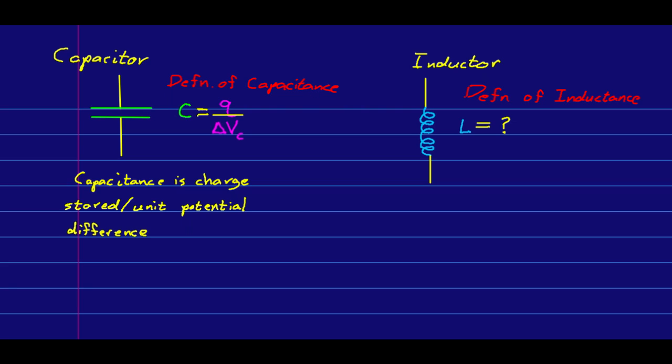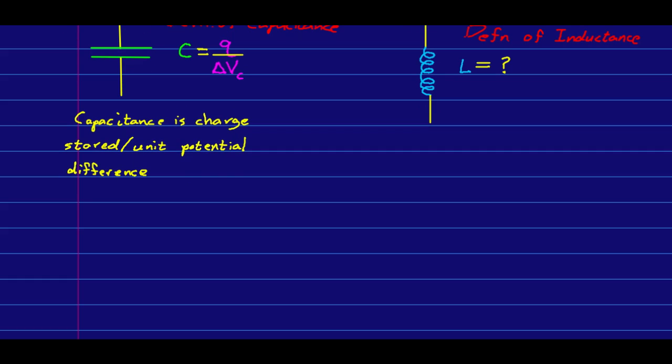We know that capacitance is charge stored on the capacitor per unit potential difference applied across it. But here's an alternate way of thinking of it. You know that the E field inside the capacitor is proportional to the charge on its plates, like so. Or in other words, the charge is proportional to the E field.